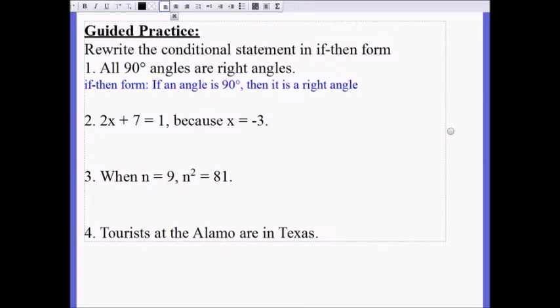Okay, next. So 2x plus 7 equals 1 because x is equal to -3.